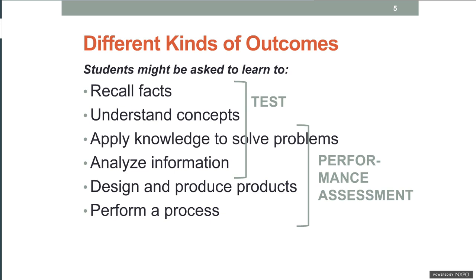Any test you give for those skills might be about the terms involved, or they could explain what they might do. But if you want to see if they actually can do it, you need a performance assessment.